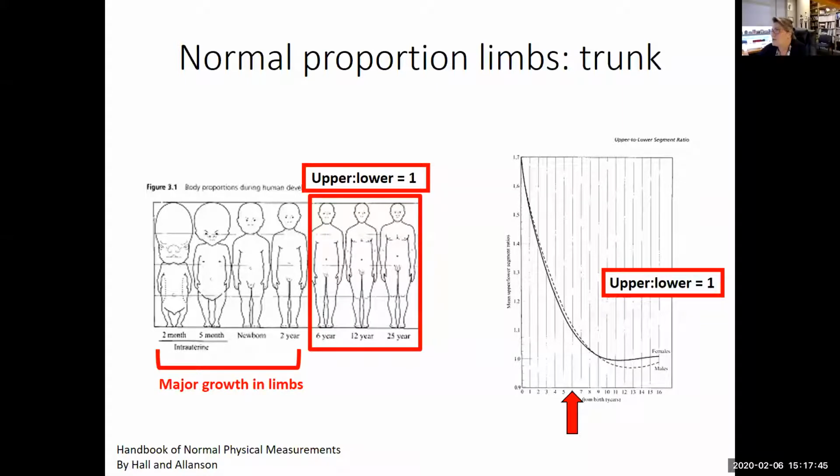Similarly, from arm span to height, this is another big tip-off that you're perhaps in a dysplasia category. There isn't a big range shown on this figure over here on the right because, in fact, the ratio is so close to 1 in everyone once you reach that age that you really can use that as a good indicator that perhaps you've got limb shortening or trunk shortening that's significant.